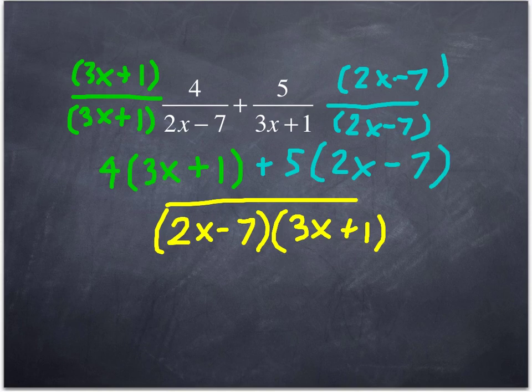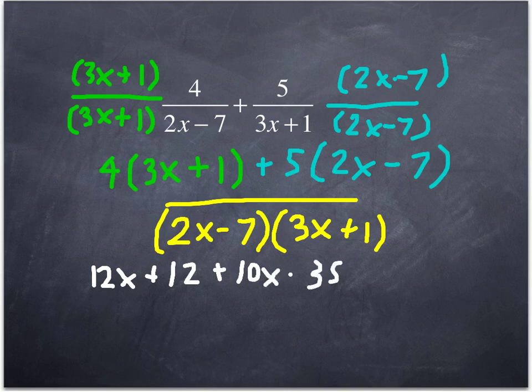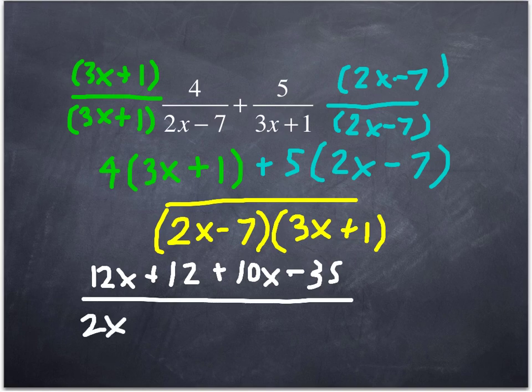Now I can do a little bit more with my final answer here. I'll just simplify or distribute this a little bit. So on my numerator I have 12x plus 12 plus 10x minus 35. And I still have my same denominator then, of course, the 2x minus 7 times 3x plus 1.